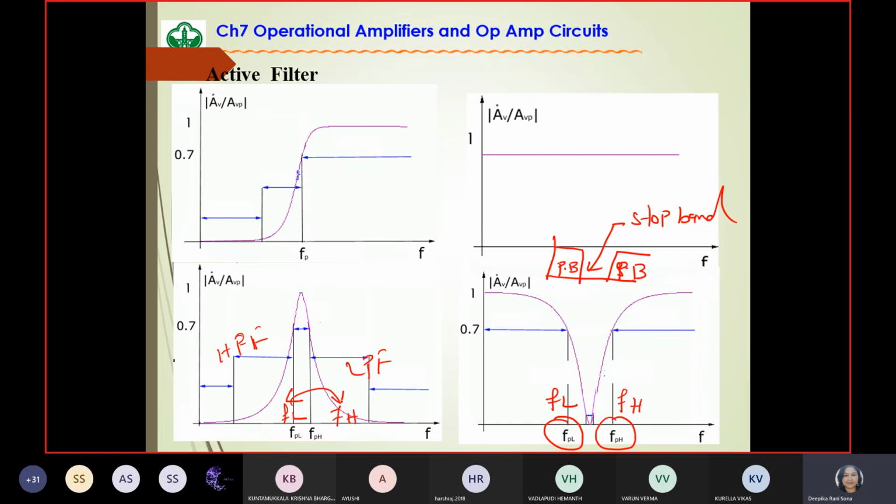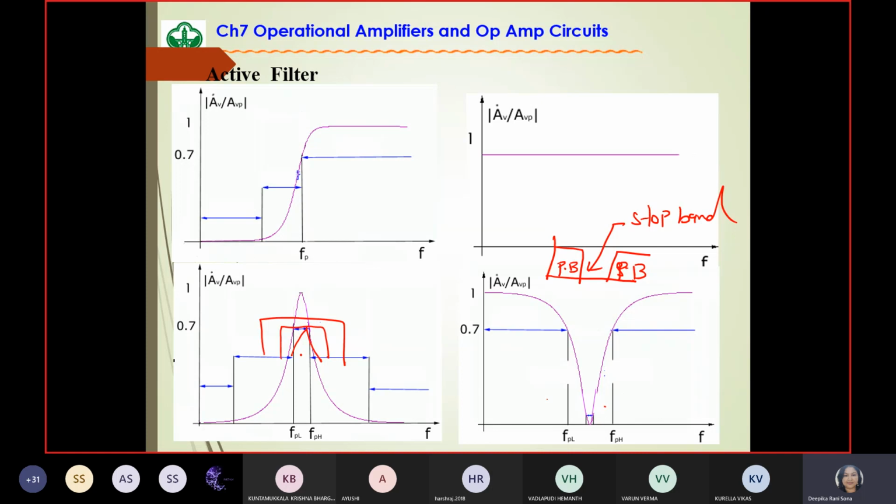And here, guys, I'm showing 2 to 3 different types of arrow marks. The pass band and stop band we are getting can be this much, or this much, and it can be so sharp also. So how do we change this? By the value of the capacitor.